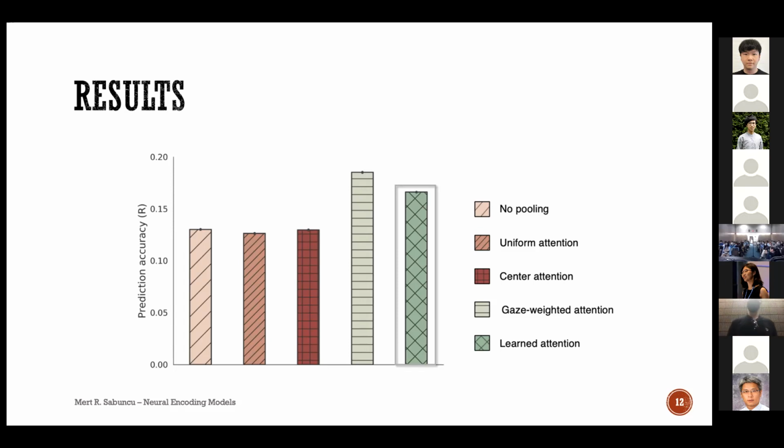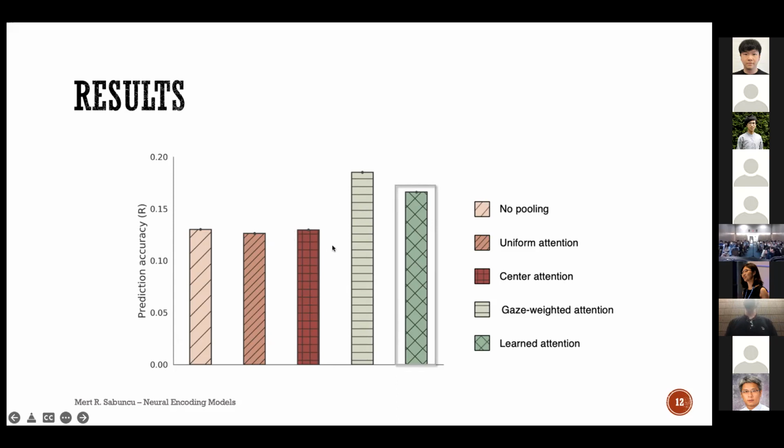And what we observe at a coarse, high level is that using eye gaze data gives you the best result in terms of predicting brain response. And then the learned attention mechanism also gives you a pretty good result, even though you're not explicitly using eye gaze data, it somehow figures out to exploit that attention mechanism and improve its prediction accuracy.